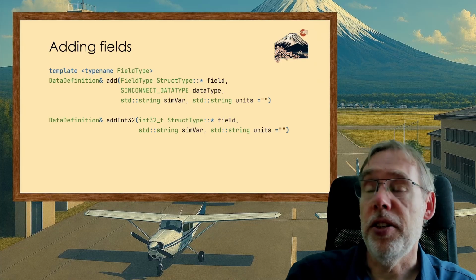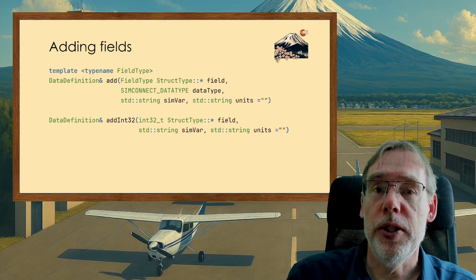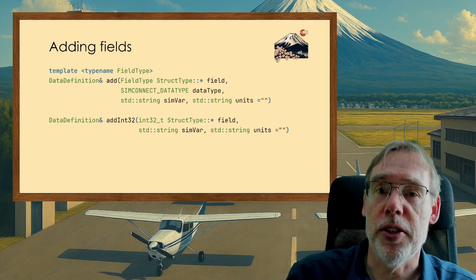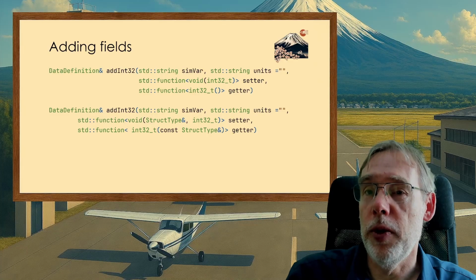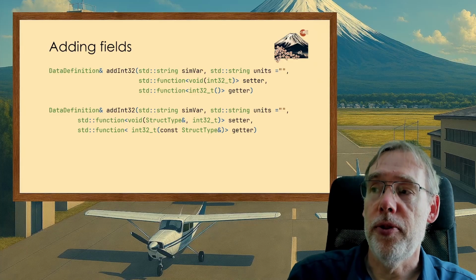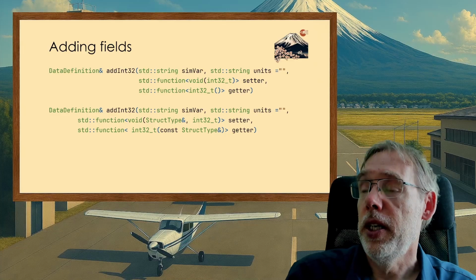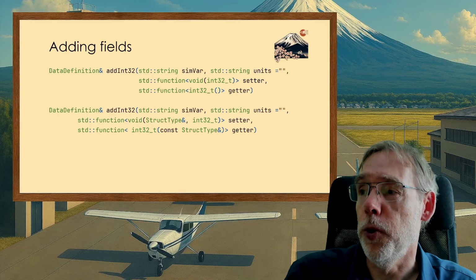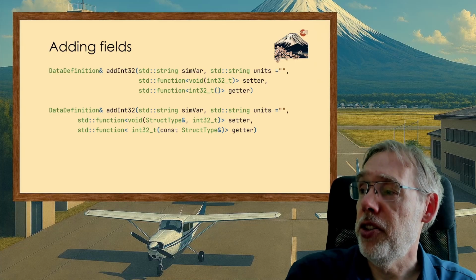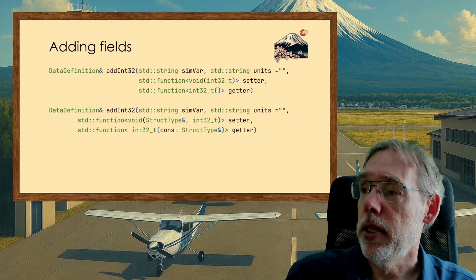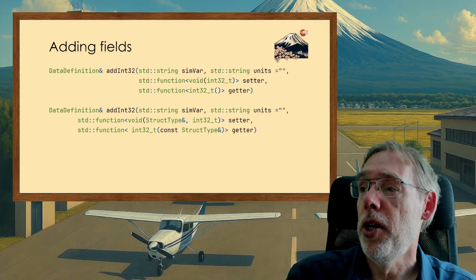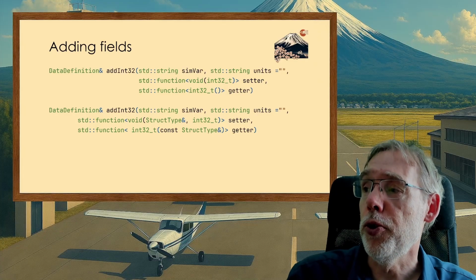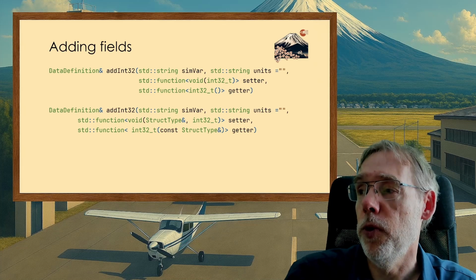In both of these cases, the method will generate those getter and setter methods for you. If you don't want to do that, you can also do it explicitly. Here you have two versions. The first one, in this case for an int 32 bits, gets a setter where the method that extracts the data from the message passes the data to this lambda that you pass, so you can do with it what you want.